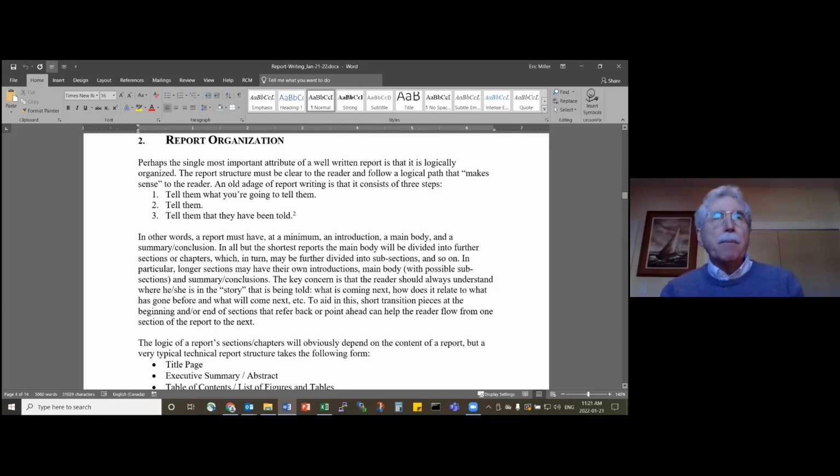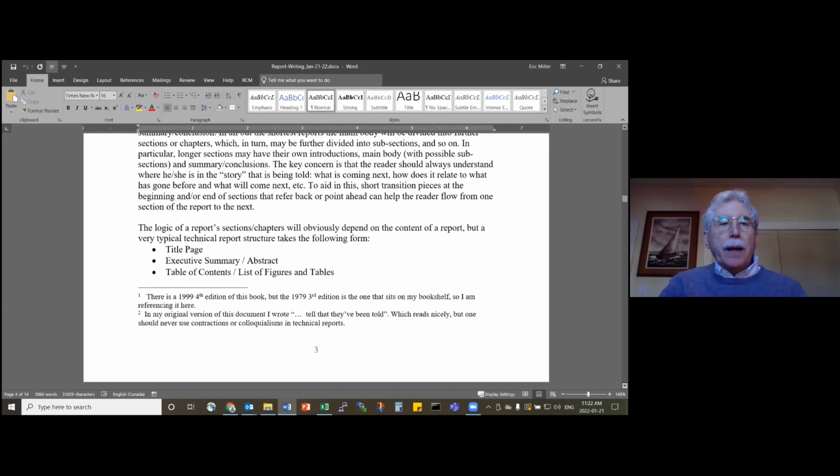You then have to have the main body of the report or the paper where you're actually providing the content. And then you need some sort of summary conclusion to remind people of what the main findings or the conclusions are. So again, making it easy for the reader to know how to understand that logic, understand the flow of what you're telling them, why you're telling them, and so forth.